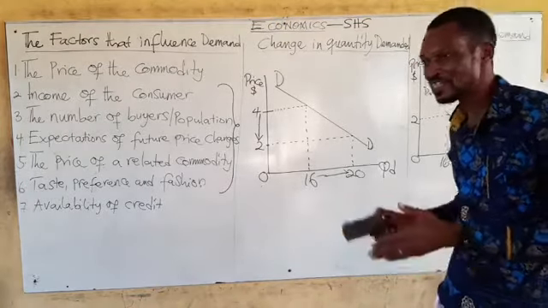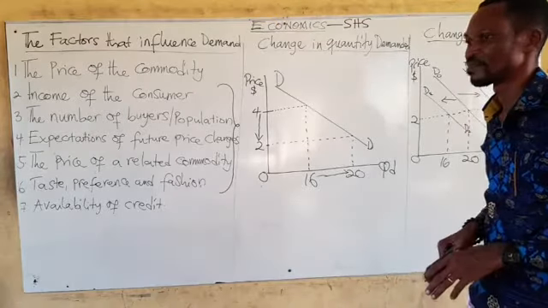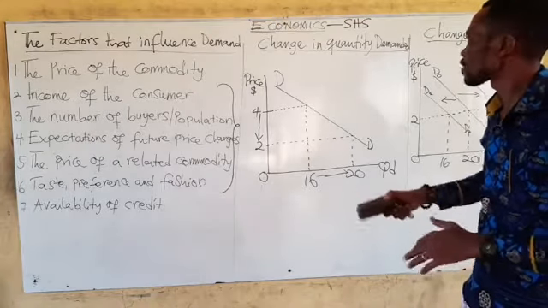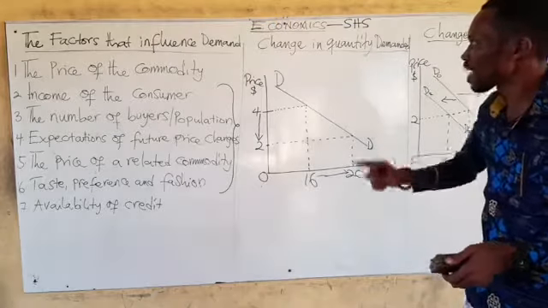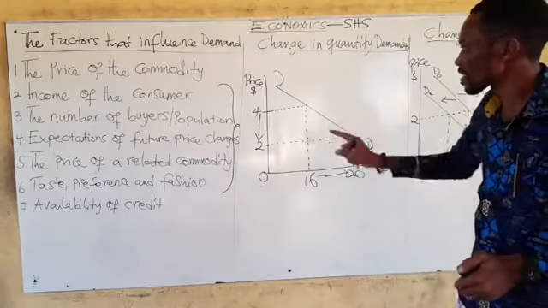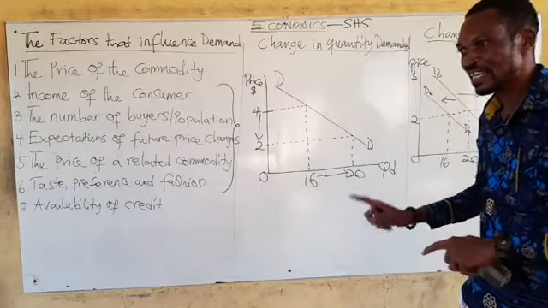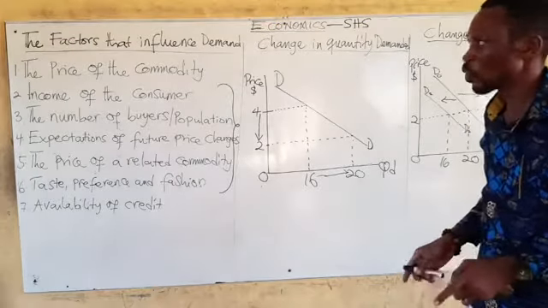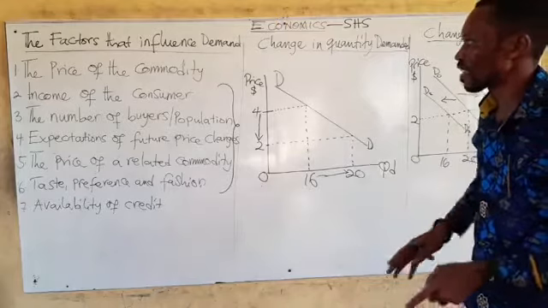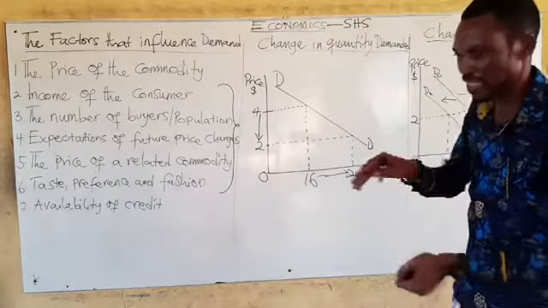But this is change in quantity demanded. This is when only the price of the commodity causes the quantity demanded of the commodity to either increase or decrease, with all the other factors being held constant.